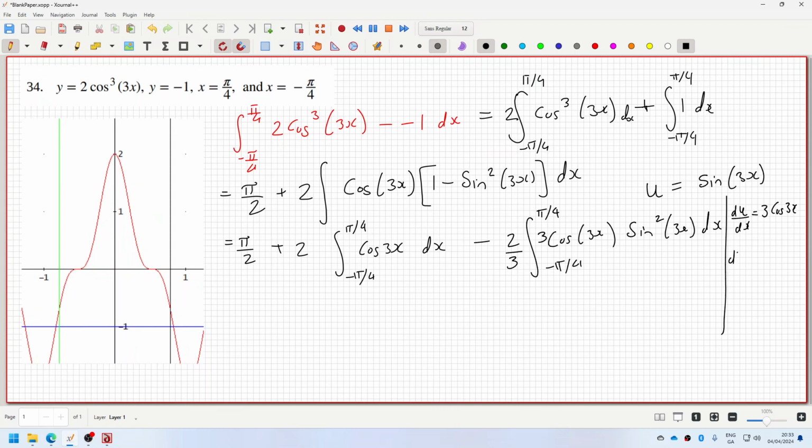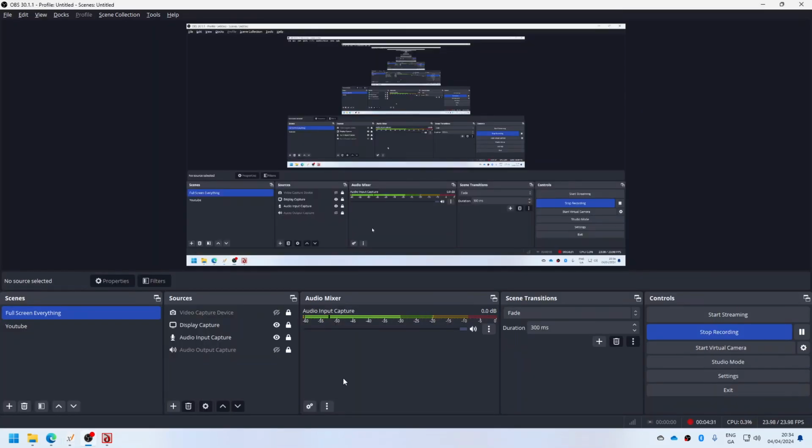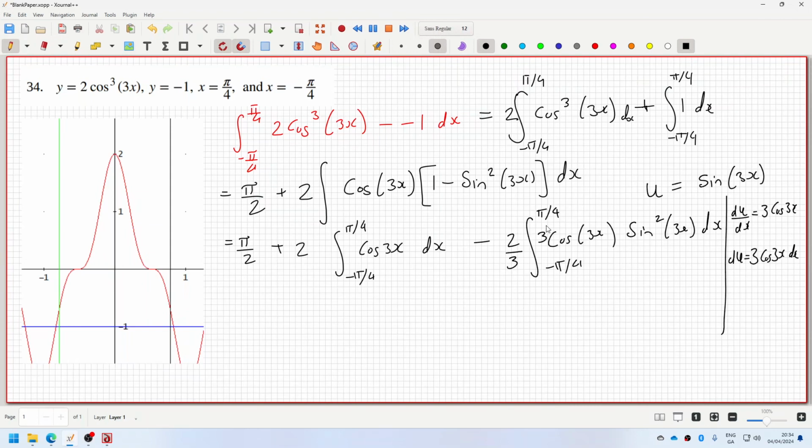So in other words, du would be 3 cos 3x dx. I got sound, by the way. Yeah. So that means the 3 cos 3x dx, that's du.